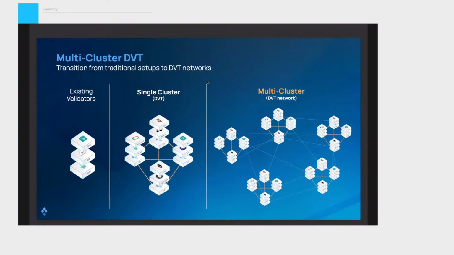So our approach is to go with a multi-cluster DVT network, with the idea that if you create this big mesh with thousands and even tens of thousands of clusters, the more interconnected that mesh is, the stronger your protocol is in terms of fault tolerance, in terms of isolating issues and not letting them influence the rest of the network.